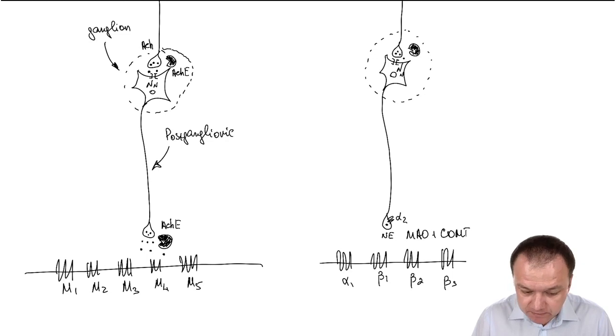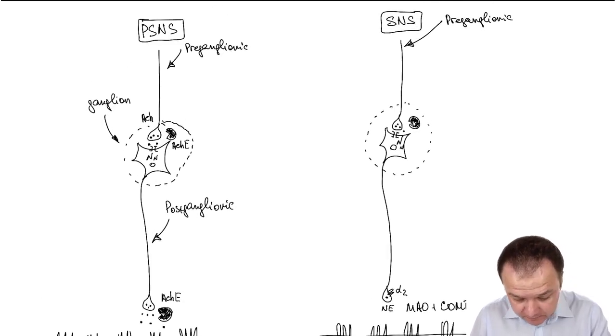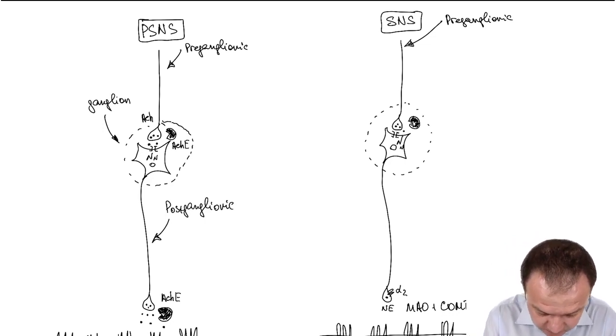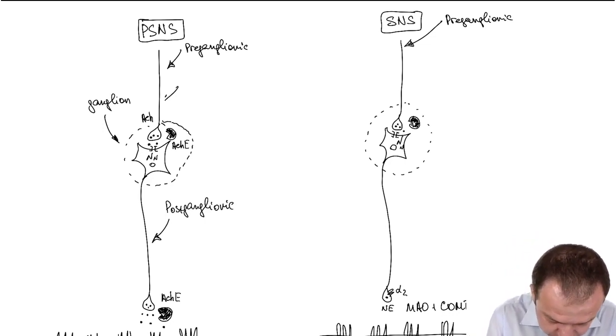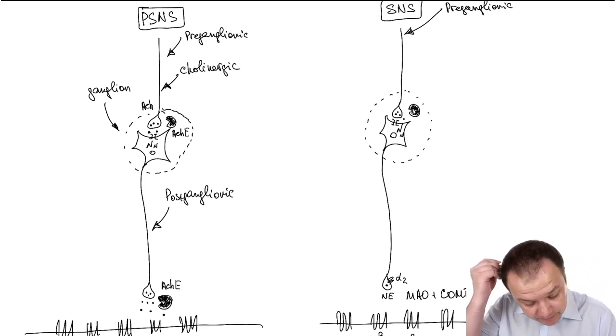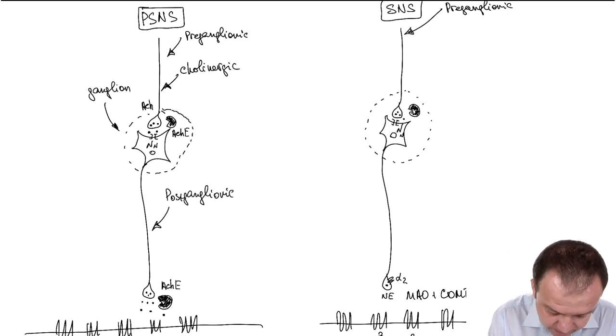What is interesting is that we have a few exceptions for the sympathetic nervous system. Let's have a look. Nerve terminals that release acetylcholine are called cholinergic. So preganglionic fibers of the parasympathetic nervous system are cholinergic.